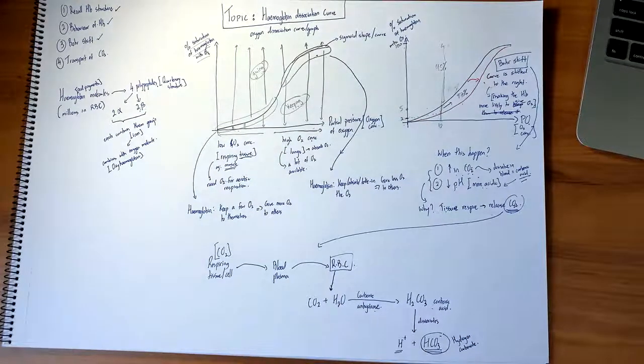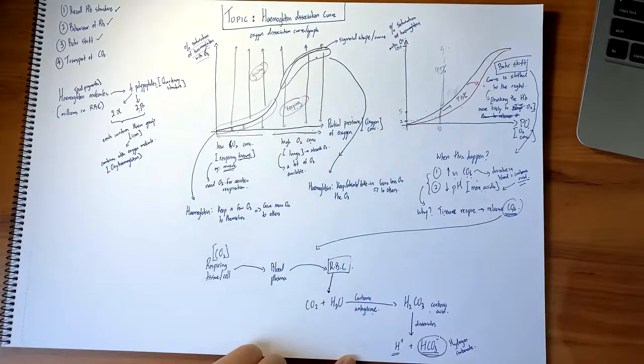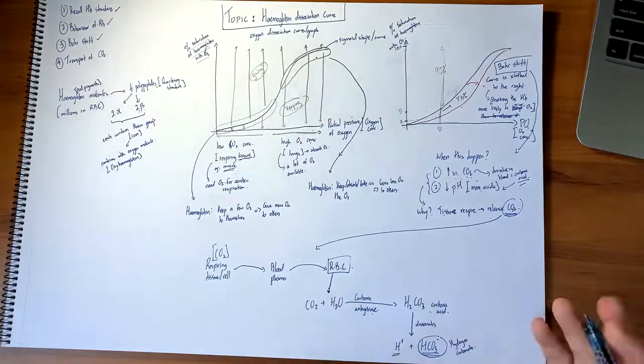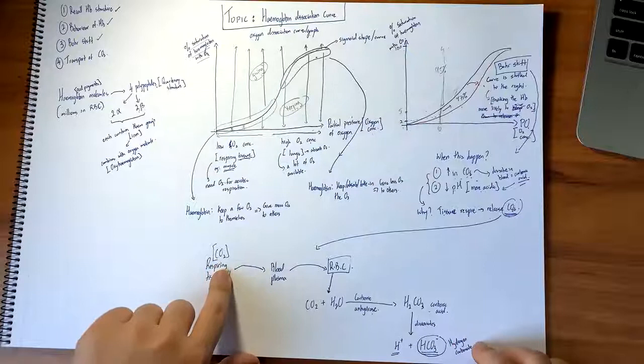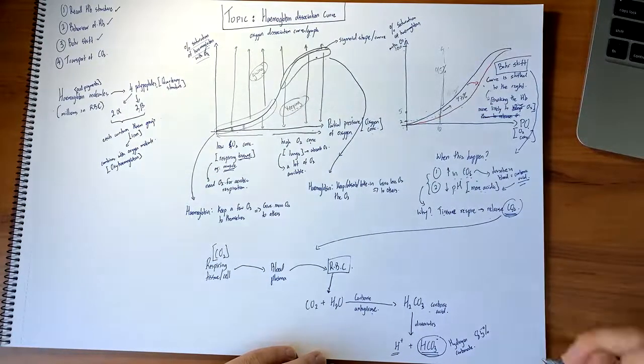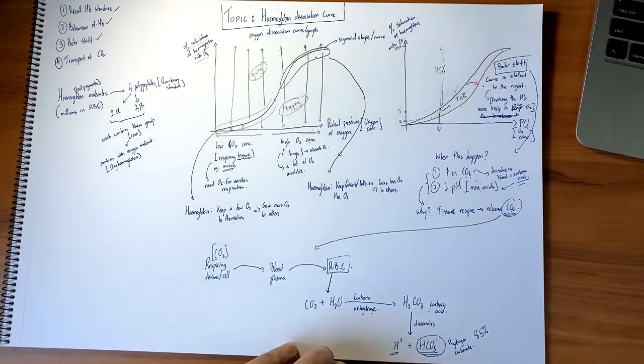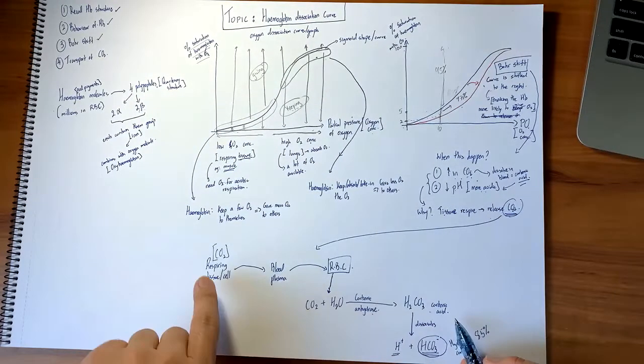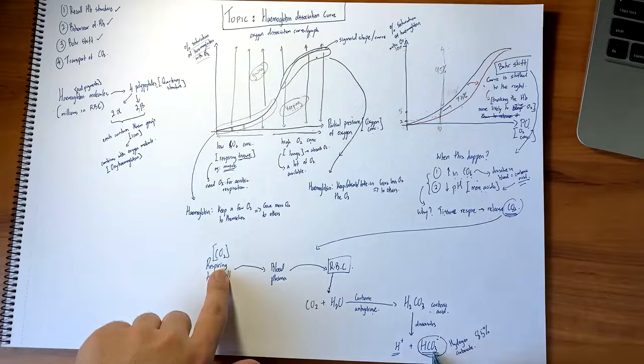Okay, and this hydrogen carbonate is the main form in which your carbon dioxide gets transported. So about 85%. 85% of your carbon dioxide is transported in the form of this, right? So they become hydrogen carbonate.